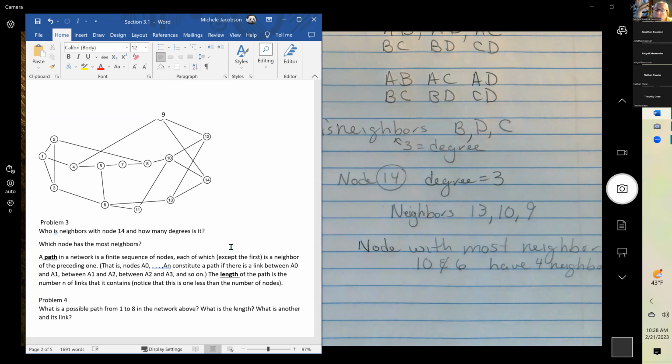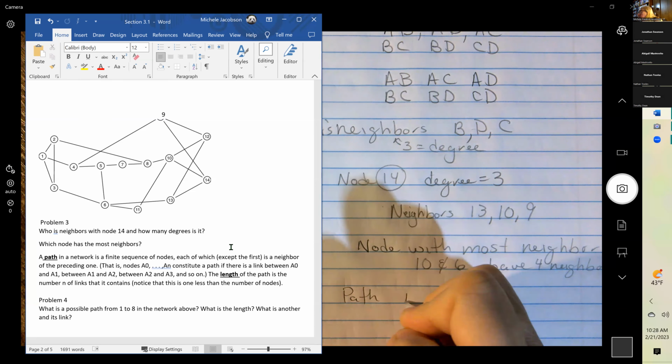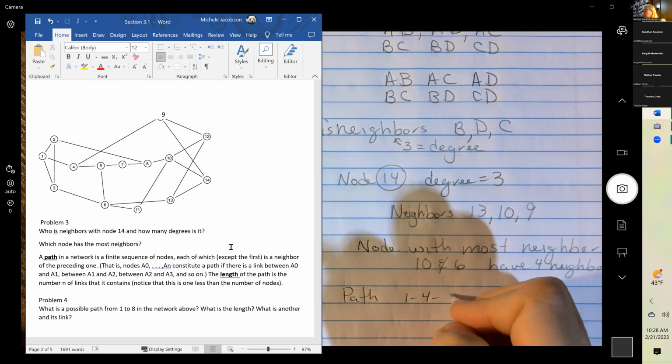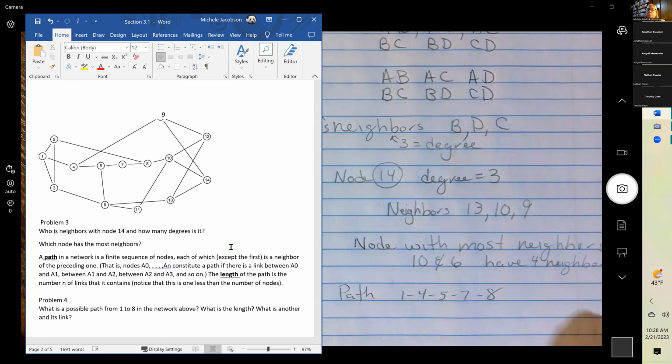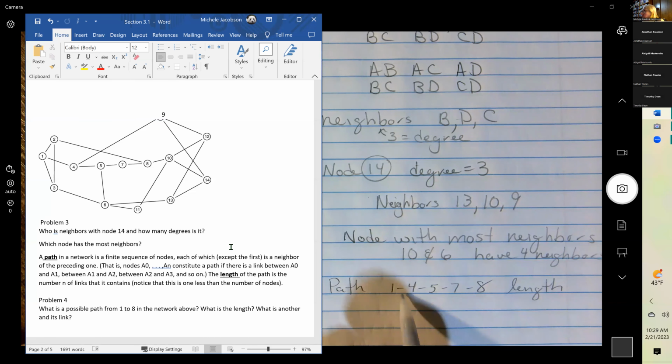Yes, that will work. That is one possible path, and there is more than one. So what's its length? 1, 2, 3, 4, 5.